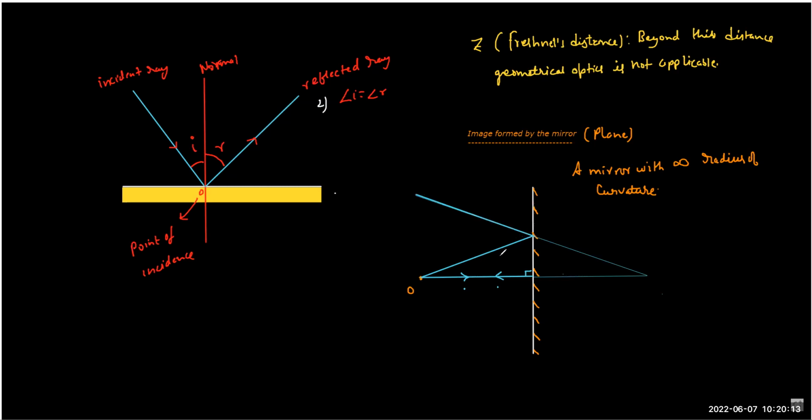So this light ray is coming this way because it's hitting the surface at some angle theta, so it will reflect back at the same angle theta. And now we have two reflected light rays. I can name them 1 dash, 2 dash. So 1 is called the incident and 2 is called the incident.